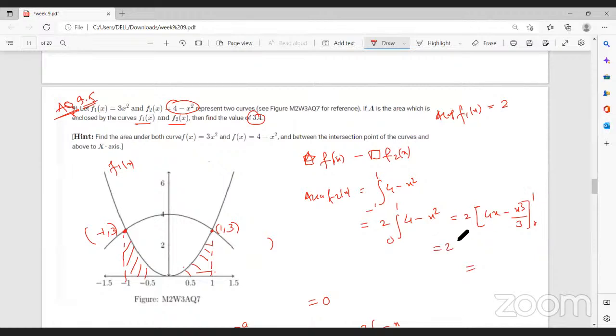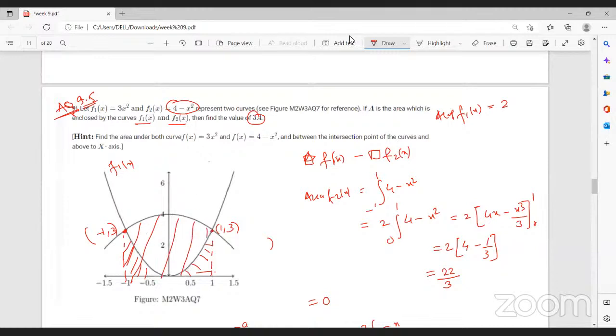So it will be twice of 4 minus 1 by 3, right? So 4 3s are 12 minus 1, 11. So 11 into 2, that is 22 by 3, right? So this whole area I am getting is 22 by 3.